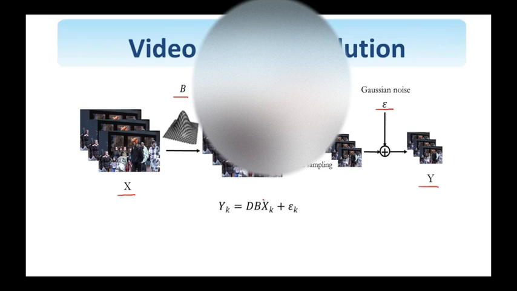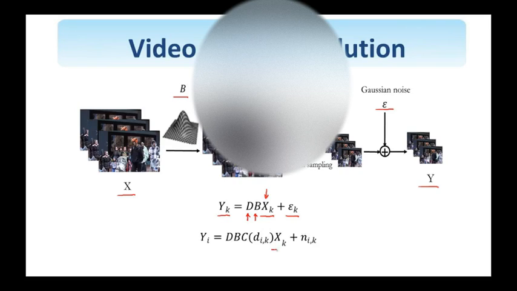So the high resolution frame X of k is blurred, downsampled, noise is added to generate the low resolution frame Y at time k. Now the high resolution frame X at time k can also generate additional low resolution observations at different time instances according to this formula.